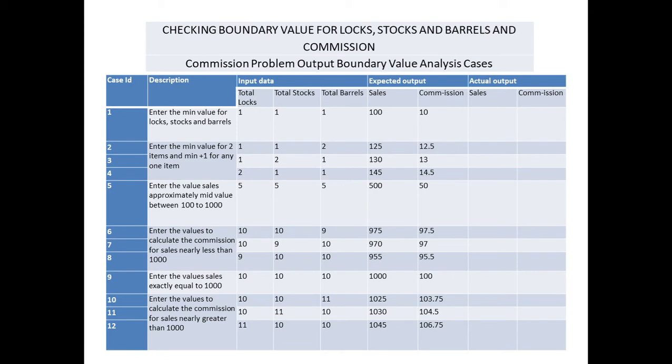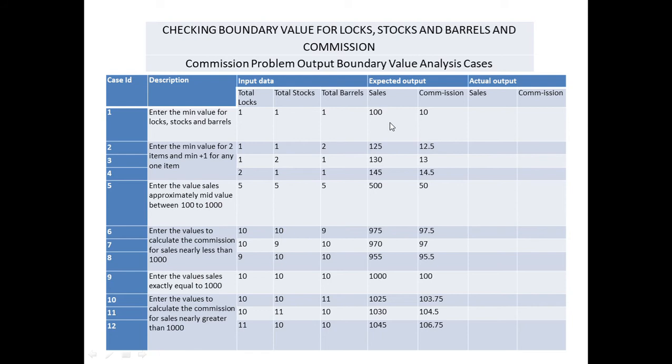So this is the entire detail about the commission problem. Now, how to write the boundary value analysis? Look into the first description: checking boundary value for logs, stocks and barrels and your commission. Here, enter the minimum value for logs, stocks and barrels. So the total minimum value is 111. When you have these values, what is the sales?